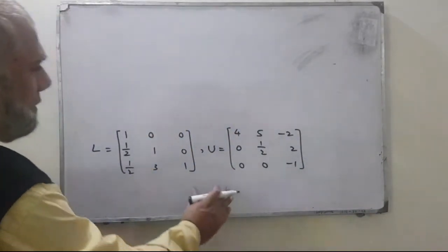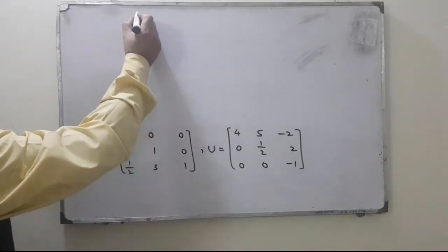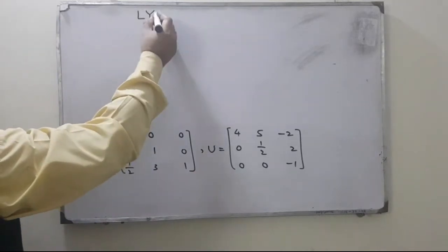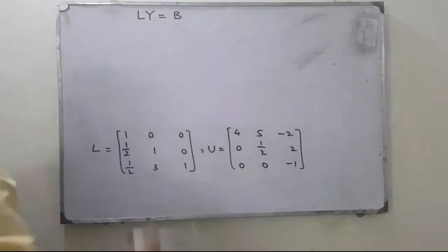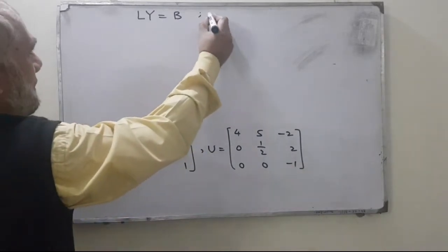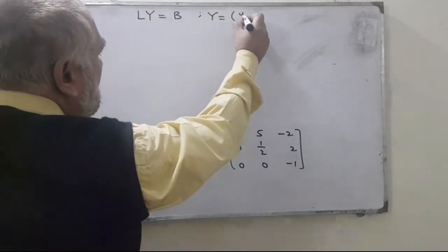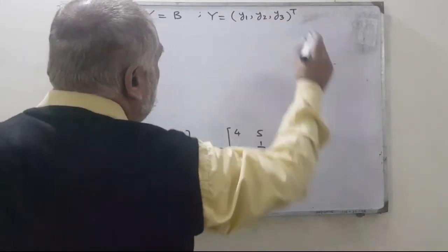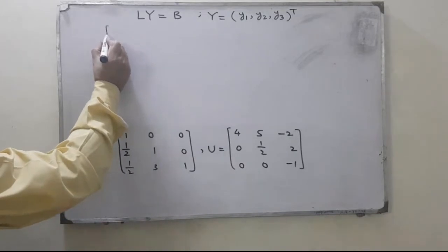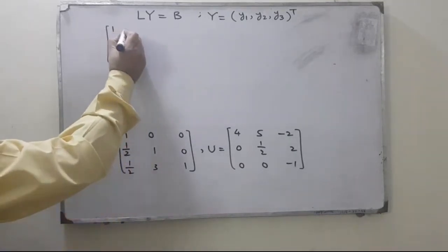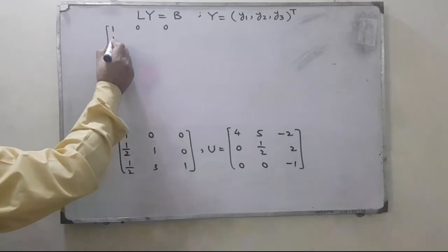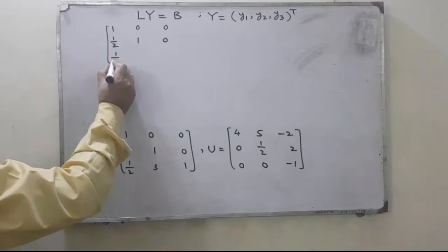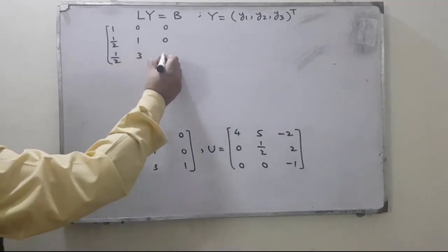After calculation of L and U, the next step is to calculate Y. Now we use the algorithm step Ly equals B, where you have to mention what Y is. Y is a column vector containing as many elements as there are unknowns in your system of equations. So here we write down L. L is 1, 0, 0, 1 by 2, 1, 0, 1 by 2, 3, and 1.